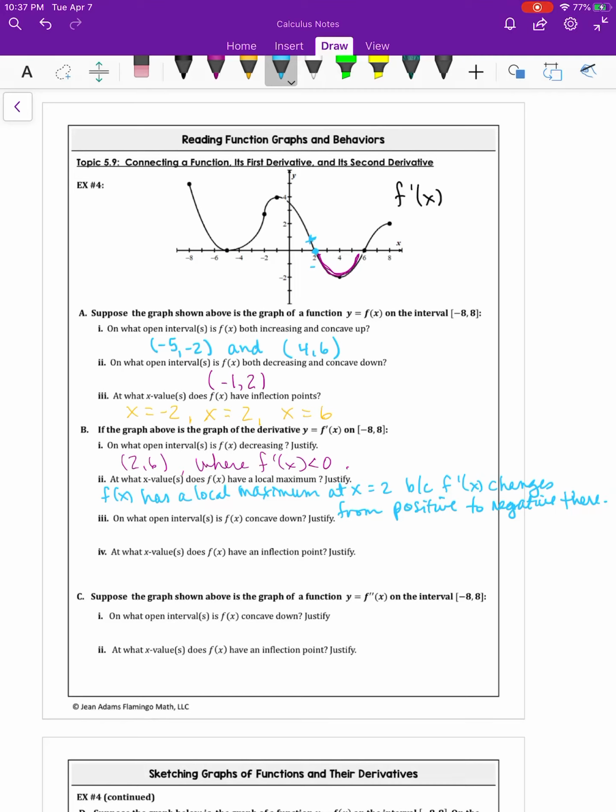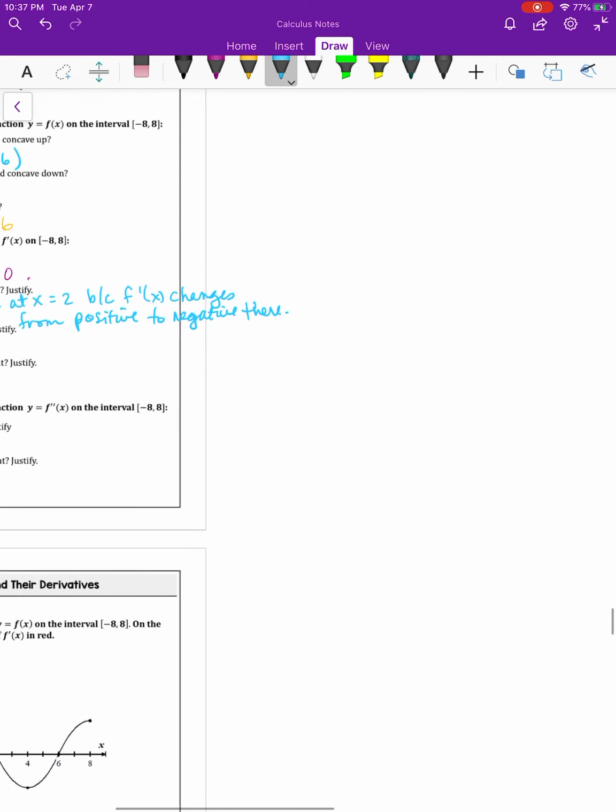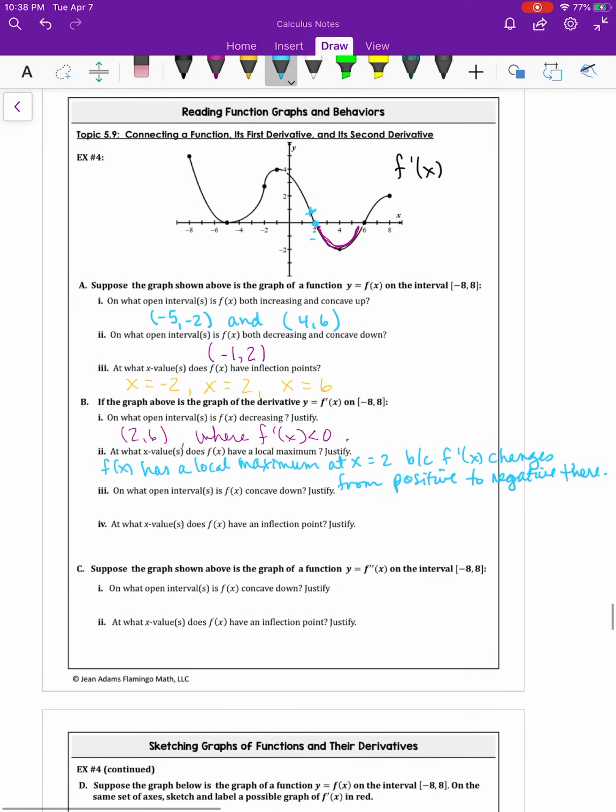And then on what open intervals is f of x concave down? Justify. If I'm looking at the derivative, I would be thinking of the derivative of the derivative to look for concave down, right? I'd be looking for where the slopes of my tangent lines are negative.